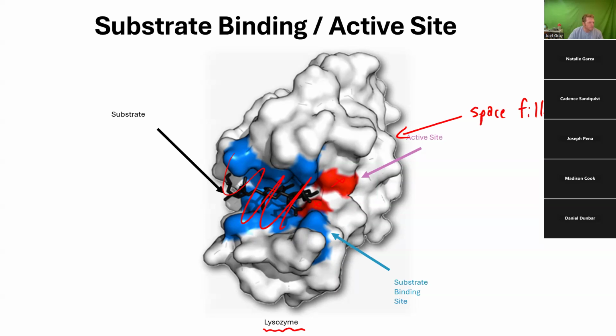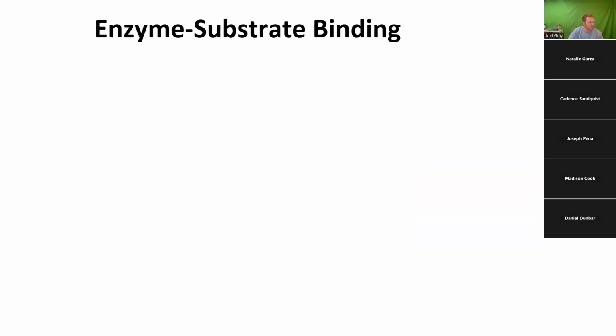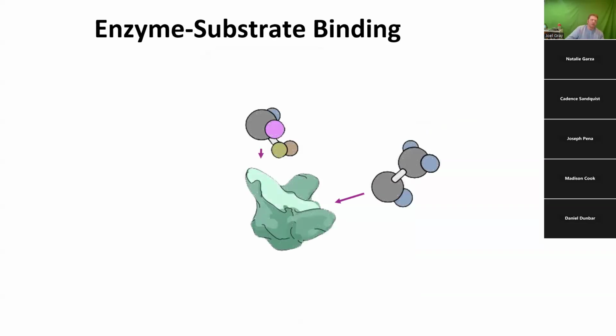Okay, so moving forward, enzyme substrate binding. Here, what we have is our ball and stick representation of enzyme and substrate. Spoiler, it is possible for an enzyme to have two different substrates, and that's fine.